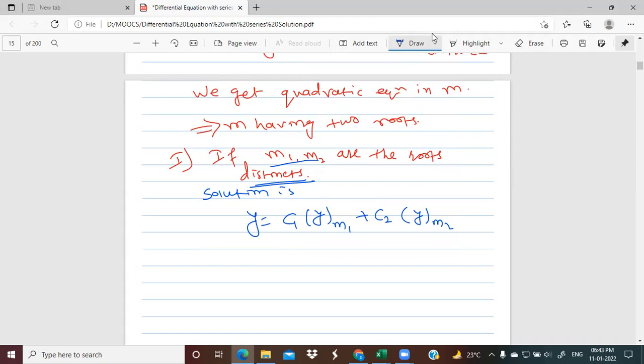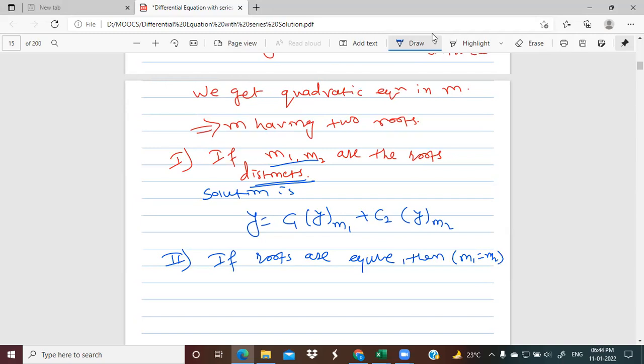Particular cases are there; I will discuss particular cases with an example. And if the roots are equal, then m1 equal to m2.